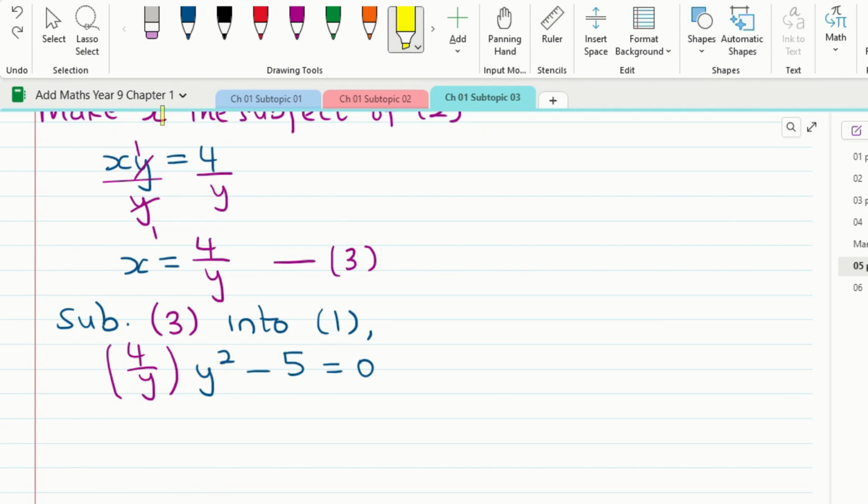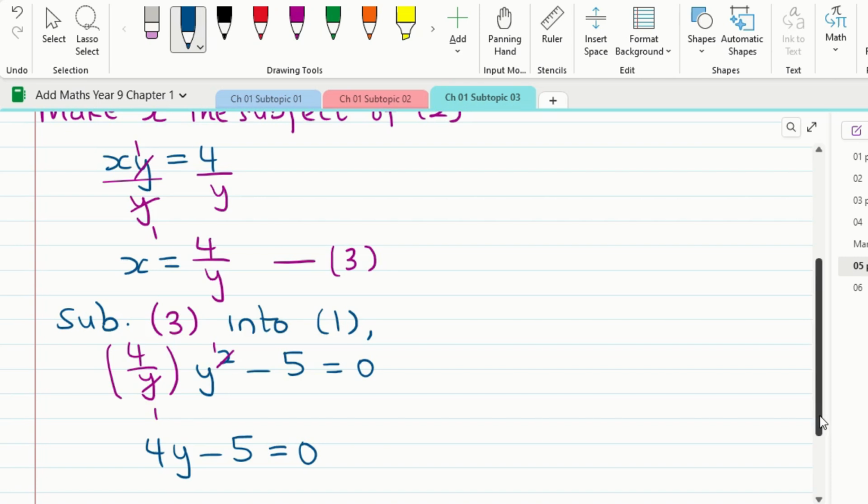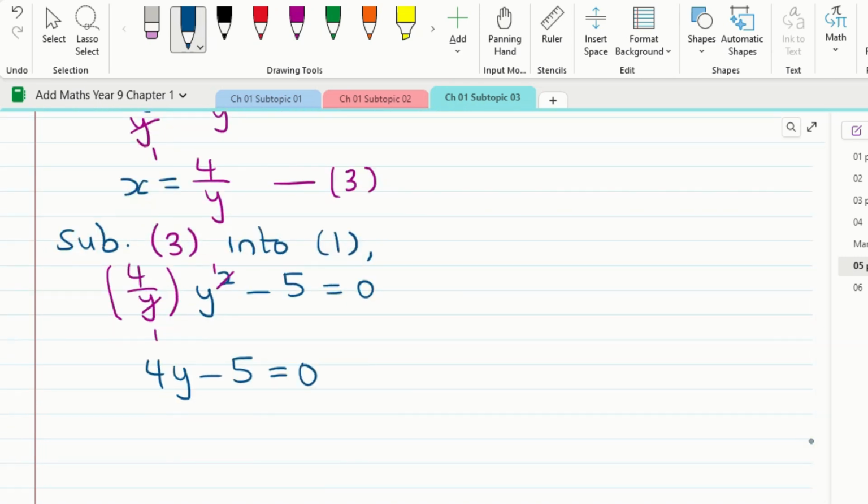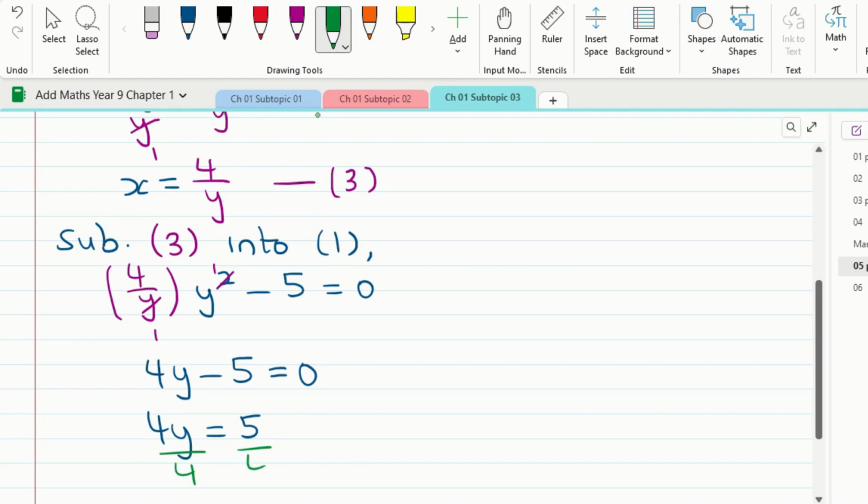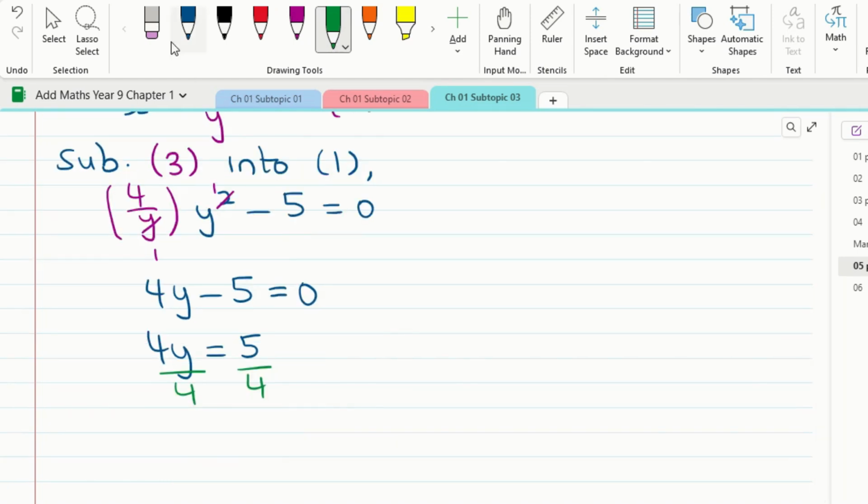So 4 over y times y squared means y squared is divided by y, and y squared over y is y. So you will have 4y minus 5 equals 0. So 4y equals 5, and therefore y equals 5 over 4.